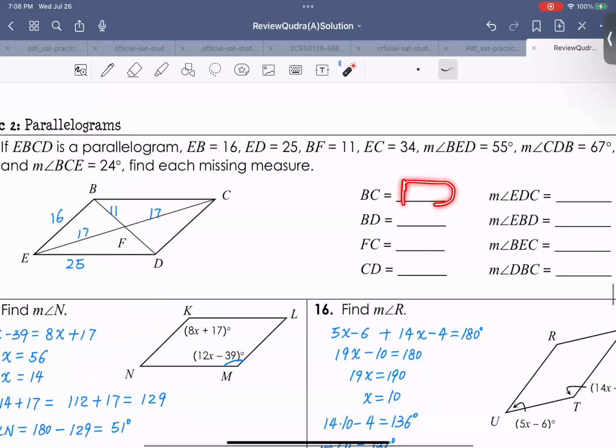BC will be? 25. Good. BD? BD would be 22. Good. FC? 17. CD? 16.